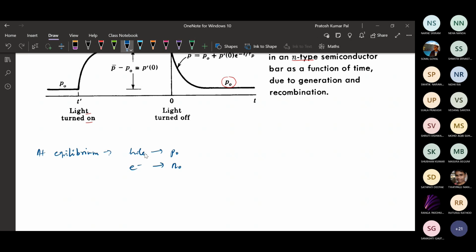Okay, so at time t dash, when the light is turned on, the electron hole pair generation will start. Electron hole pairs will be generated at this time.